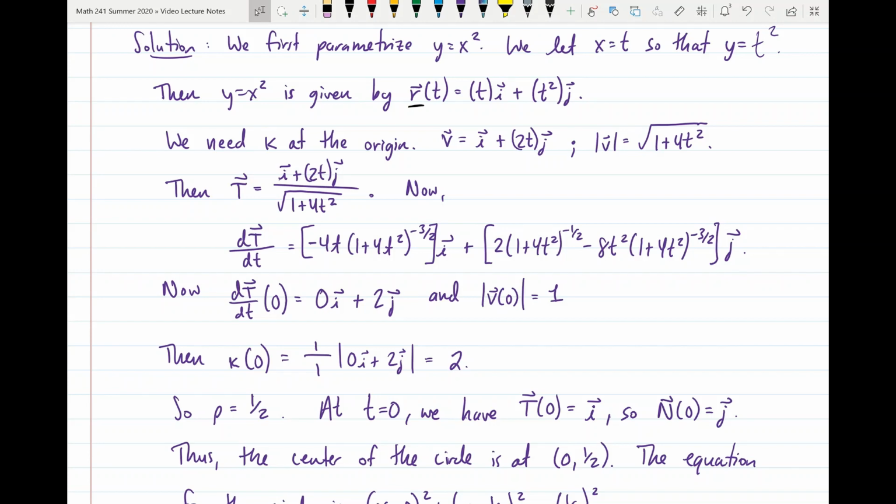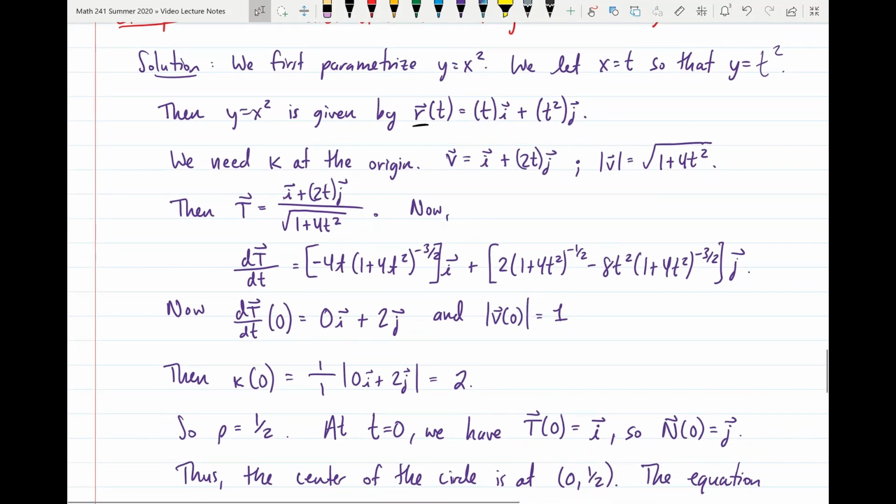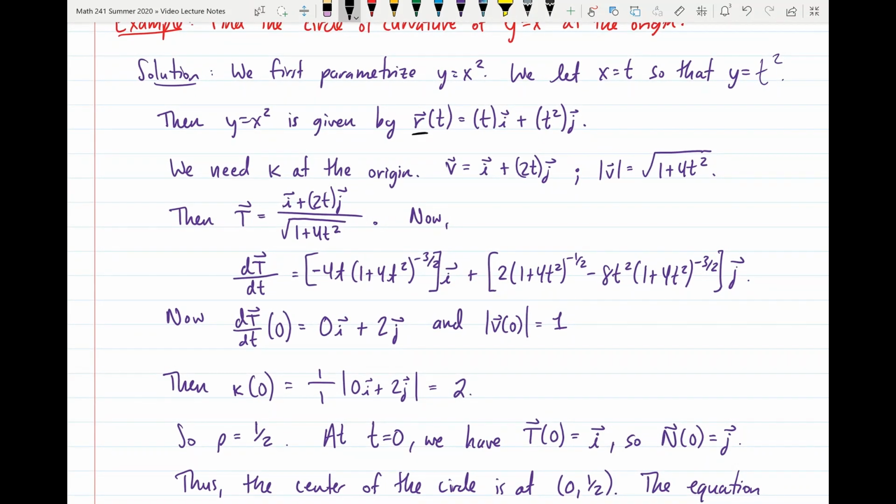So we need kappa at the origin, and to get kappa, we're going to need the function for velocity. Velocity is the derivative of r. So v is equal to i plus 2t times j. And we're also going to need the magnitude of this velocity.